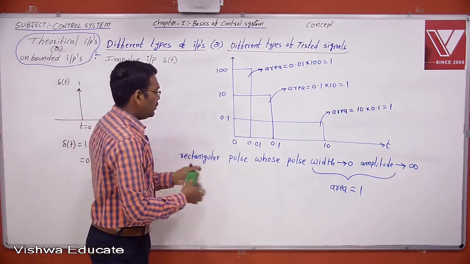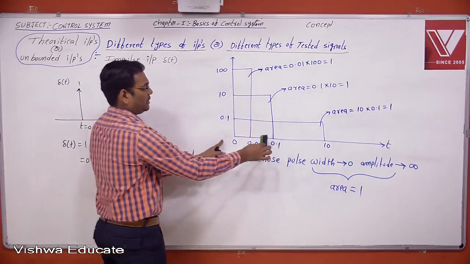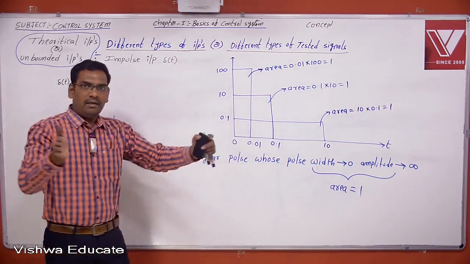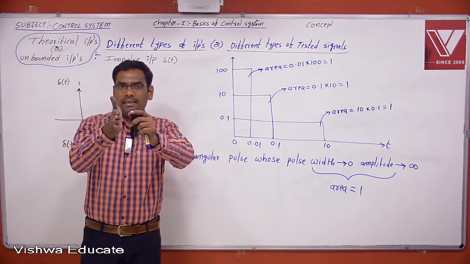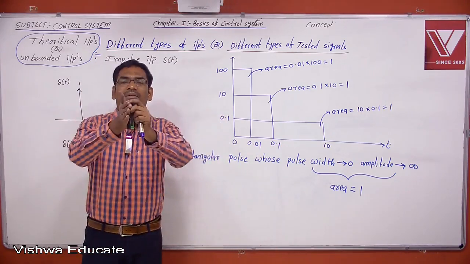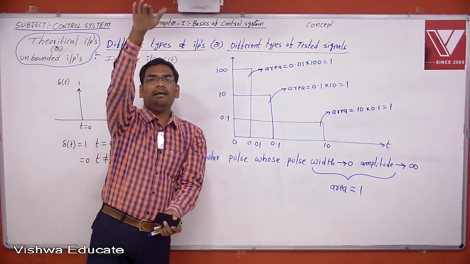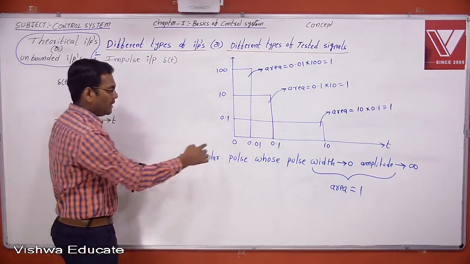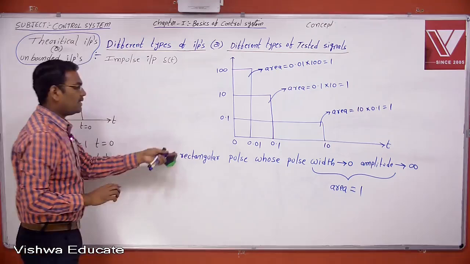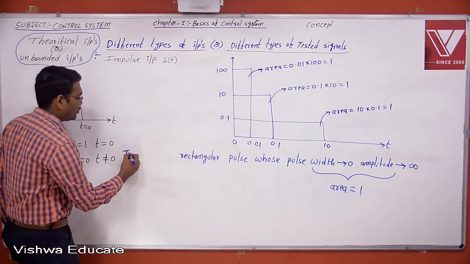Whatever the rectangular pulse I am explaining, initially this is the rectangular pulse, now this is the rectangular pulse. When the rectangular pulse width decreases to 0 and its height or amplitude is increasing, that rectangular pulse is nothing but an impulse function only.